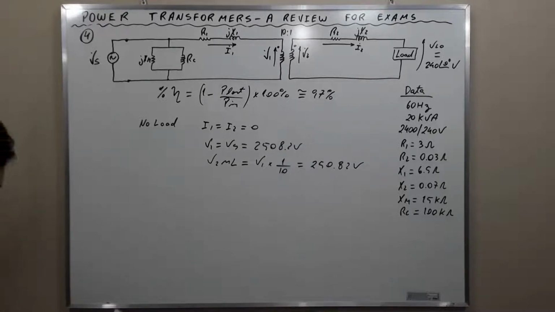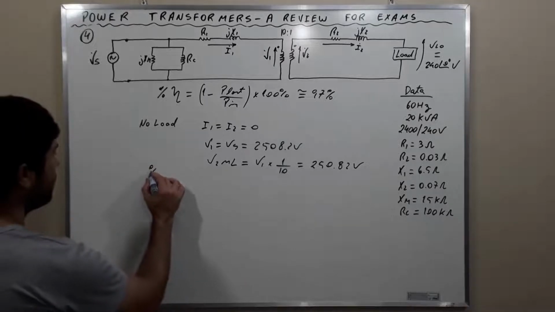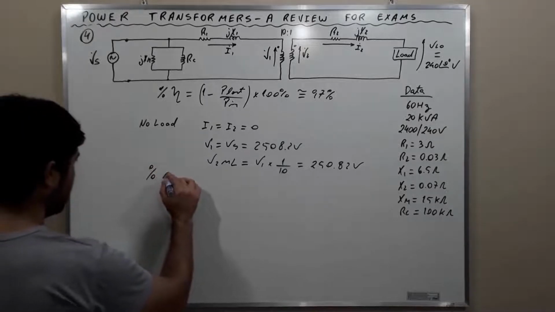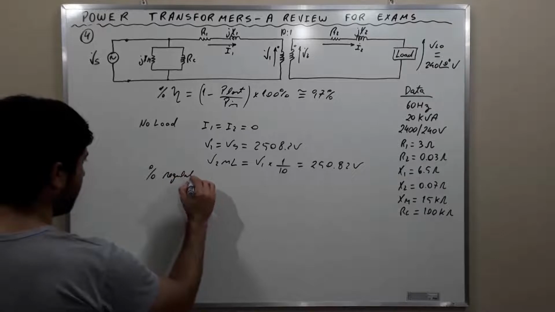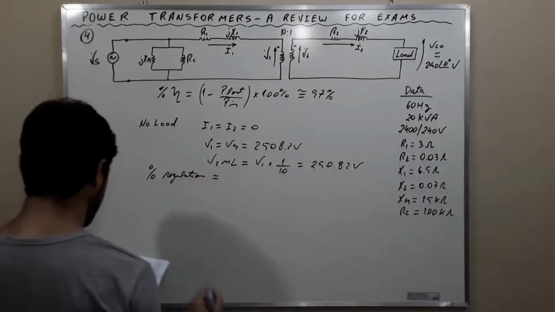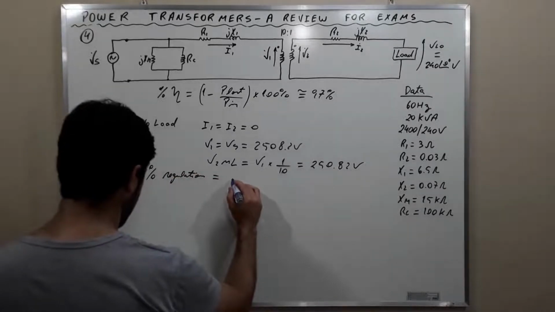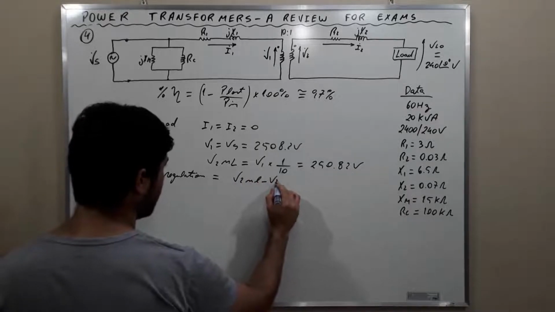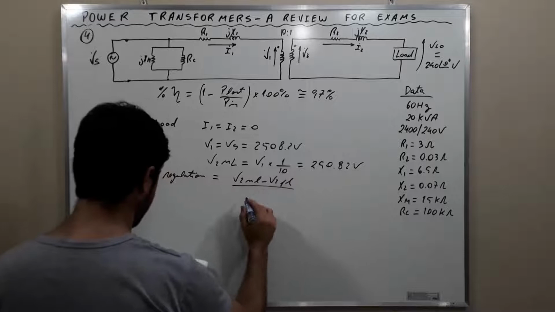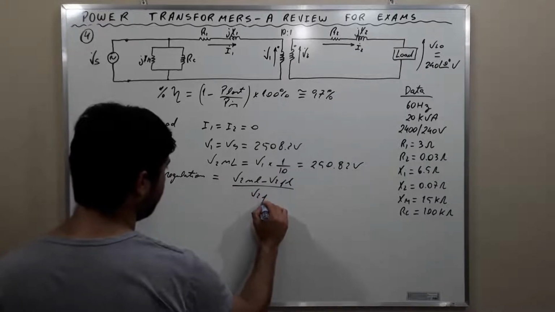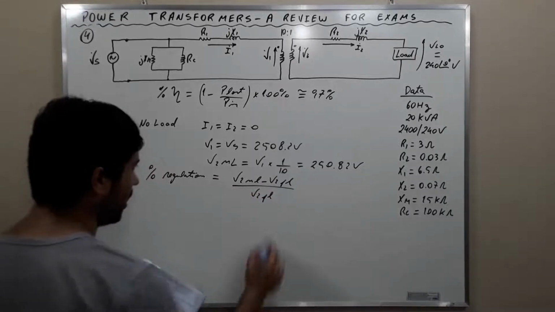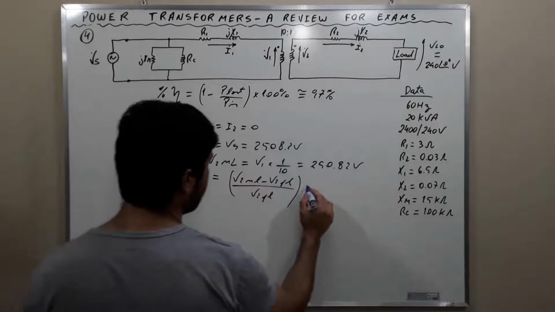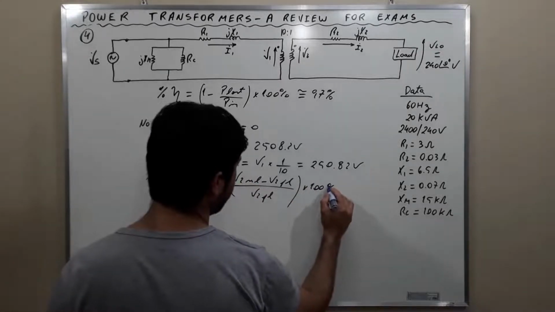And now we calculate the percentage regulation. The percentage regulation is going to be, this is our last result, V2 no load minus V2 full load divided by V2 full load times 100%.